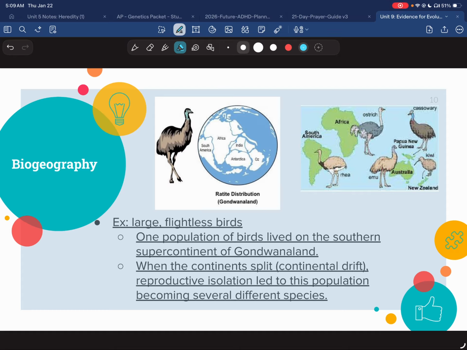We have the rhea in South America. That's the one I saw at the zoo. They have the ostrich in Africa. They have the cassowary in Papua New Guinea, the emu in Australia, and little kiwi in New Zealand. And so this is not adaptive radiation because they split before they changed. They're not filling different niches in the same area. They changed because they were isolated from each other and they became different.